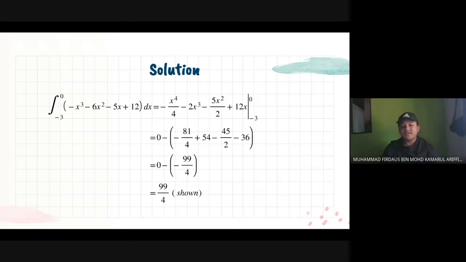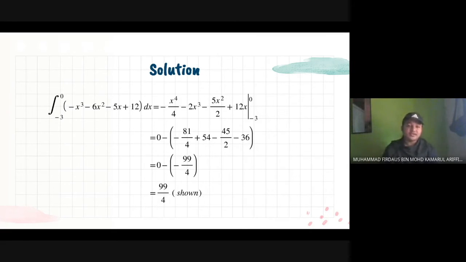Basically, we do the same process of integration. We got negative x to the power 4 over 4 minus 2x cubed minus 5x squared over 2 plus 12x, with upper limit 0 and lower limit -3. We substitute 0 first because 0 is the upper limit. Since every term has at least one x in it, when we substitute 0, we got 0.